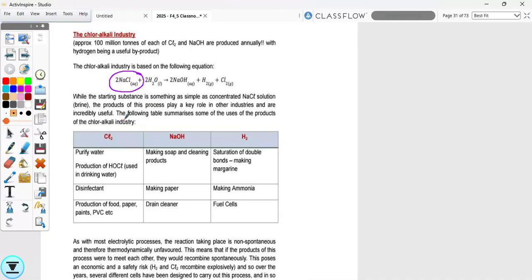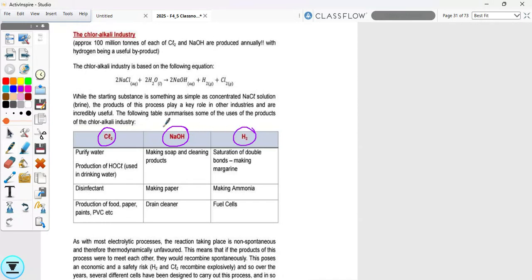So that means we have endless sources of this. And the chloroalkali industry is then basically using salt water and producing these three things for us, which is chlorine gas, sodium hydroxide, which you don't know yet, but it's a very strong base, a very important base, and it's used in all kinds of cleaning agents, and hydrogen.